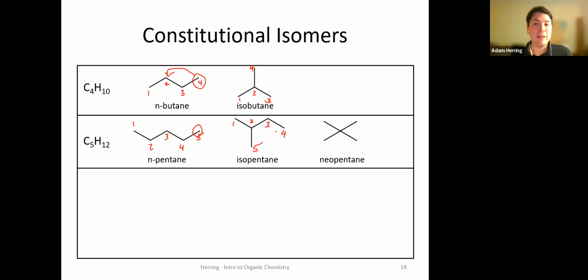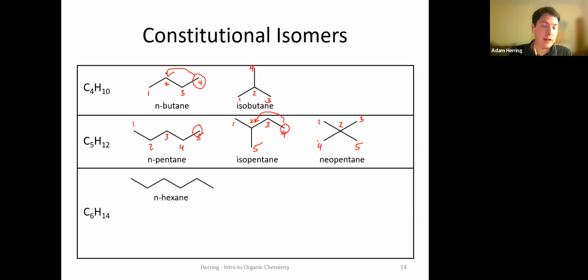We could also get neopentane. So if we take that isopentane, take one of those carbons and move it to this position, we now have 1, 2, 3, and then carbon number 4 and 5. You can see this is again a different arrangement of a molecule with the same molecular formula.